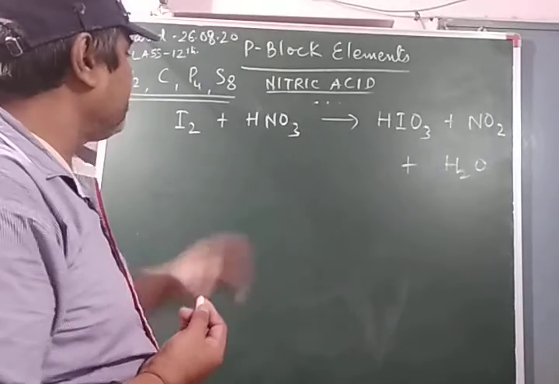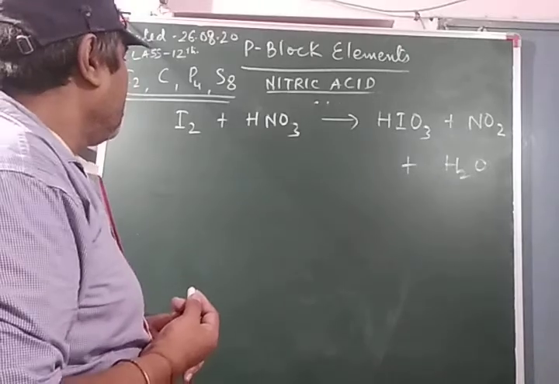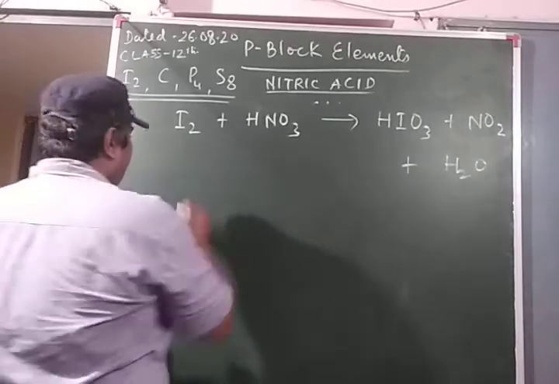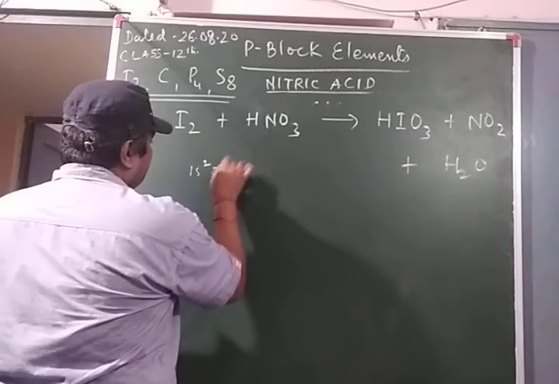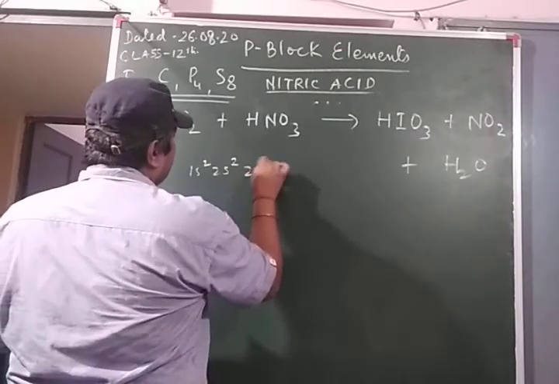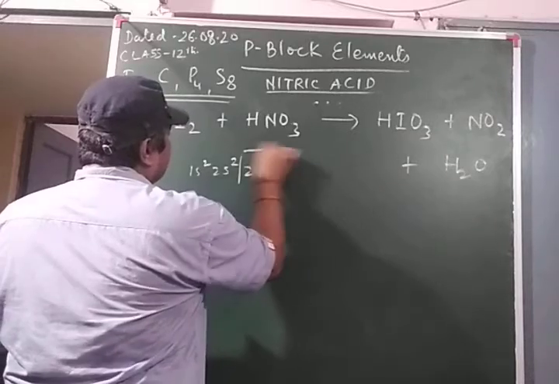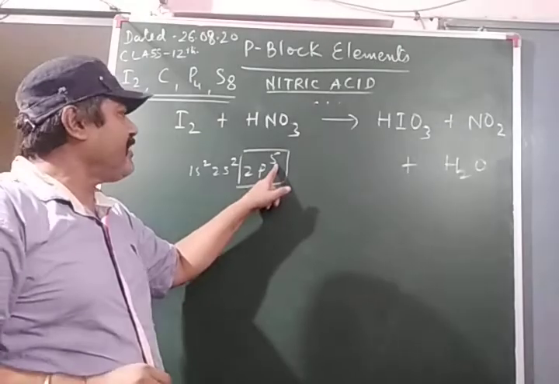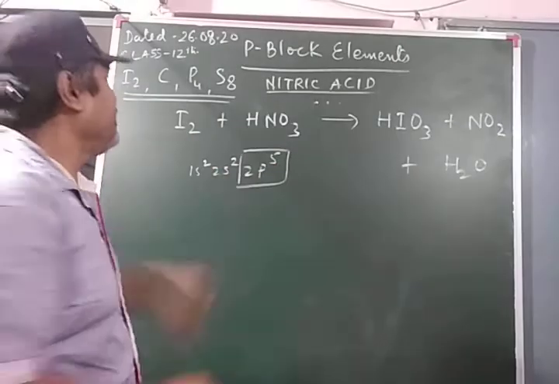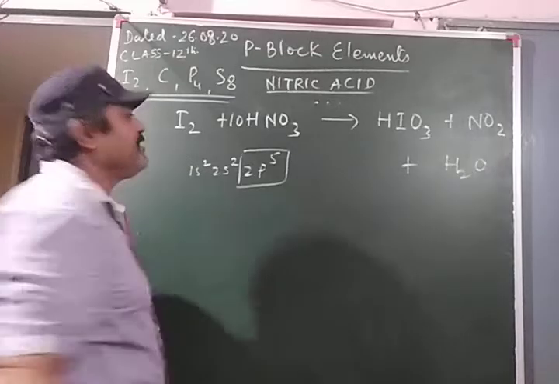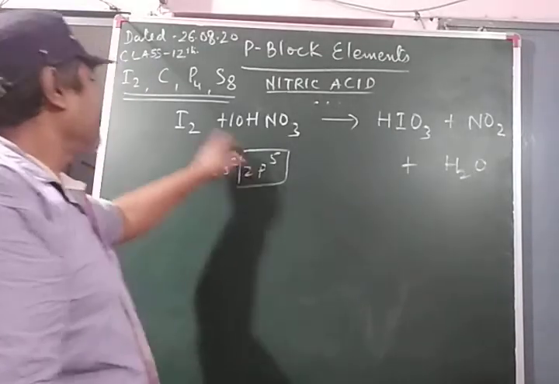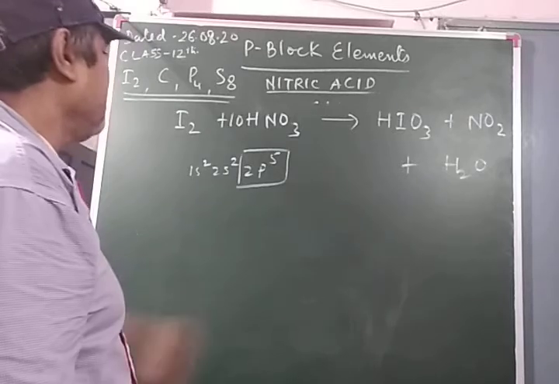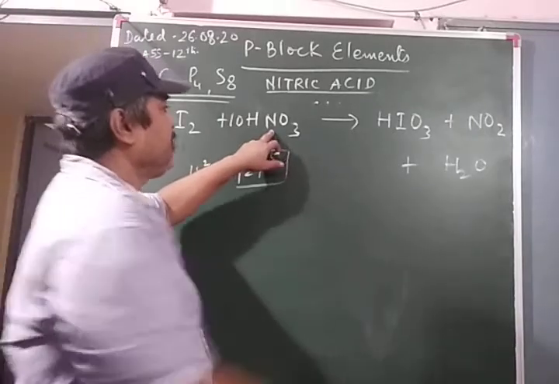So here we take the electronic configuration of fluorine: 1s2, 2s2, 2p5. This 2p5, so 5 times 2 is 10. Here we will learn this. So 10 will come as the stoichiometric coefficient of HNO3: 10 HNO3, 10 NO2.